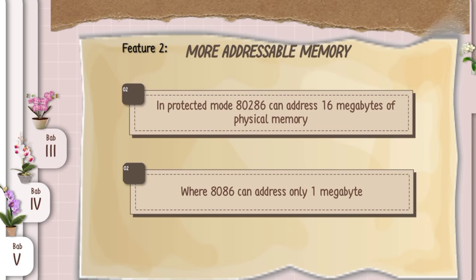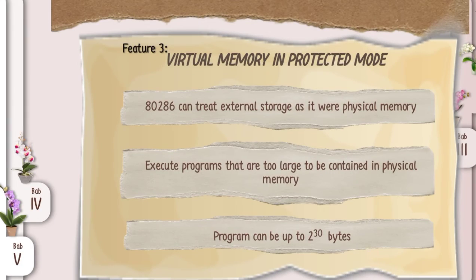More addressable memory. In protected mode, the 80286 can address 16 megabytes of physical memory, where the 8086 can address only 1 megabyte. So let's proceed to feature number 3, which is the virtual memory in protected mode of the Intel microprocessor 80286.